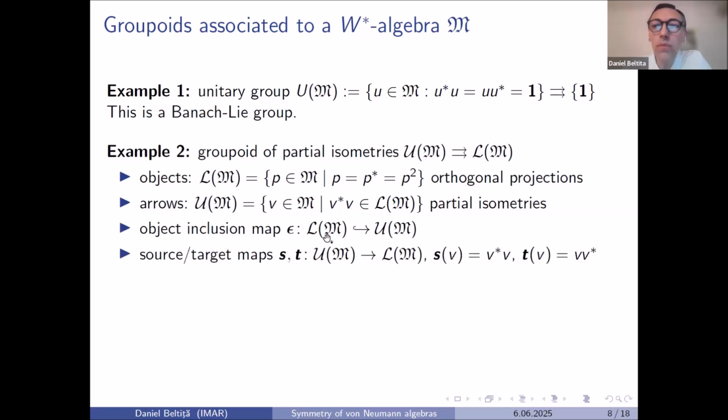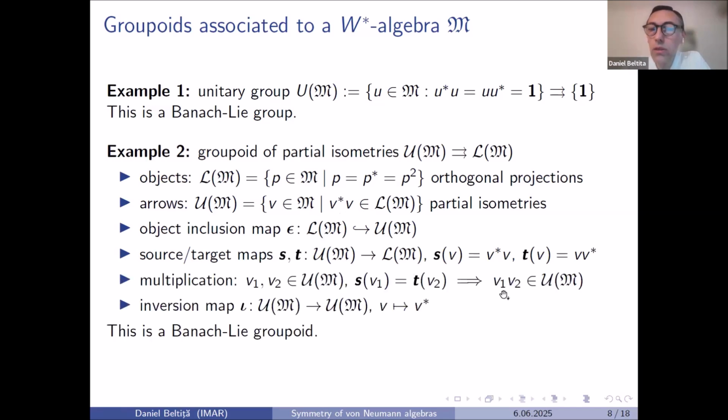The object inclusion map, because as I said, every projection is a partial isometry. The source and target maps are the initial and the final projections. The multiplication is the usual operator multiplication, except that we restrict it to the pairs of partial isometries whose source and target match.